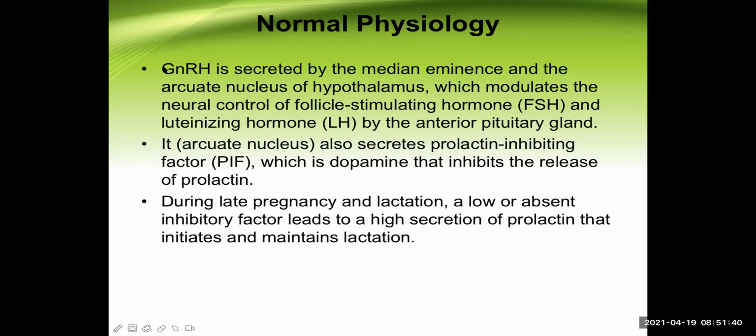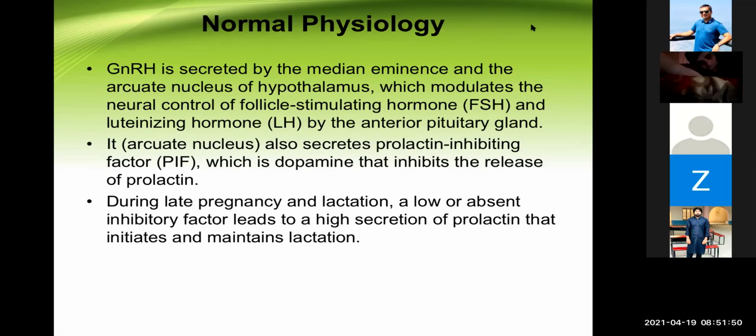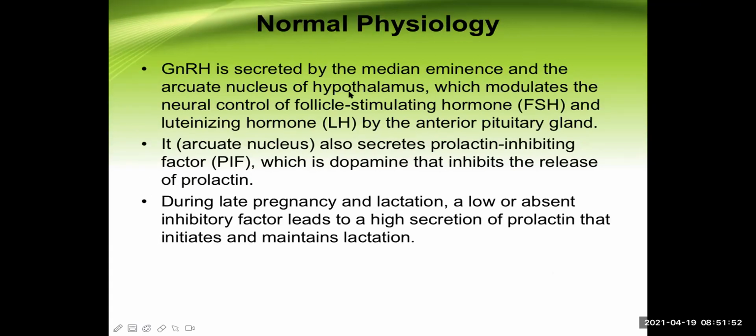Now, gonadotropin releasing hormone, GnRH, is secreted by the median eminence. This is a part of the hypothalamus, which modulates the neural control of FSH and LH by the anterior pituitary gland.